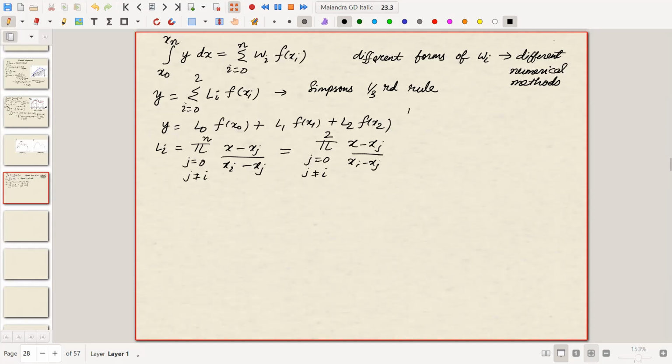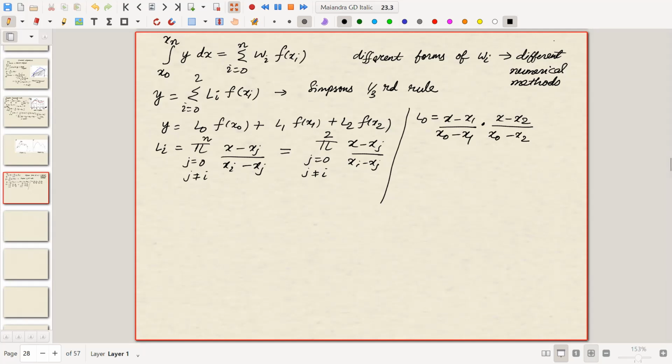So can you say what is L0? i equals 0. That means j can't be equal to 0. j only has 2 choices: j can be 1 and 2. For j equals 1, what will you have? j equals 2.